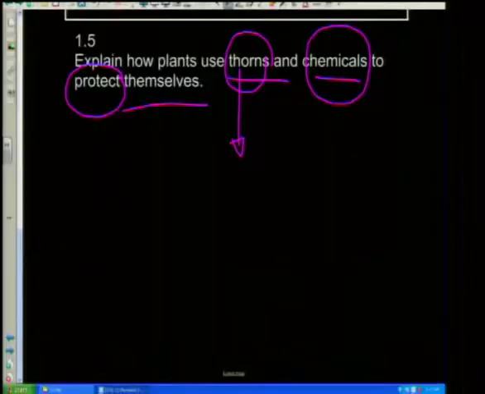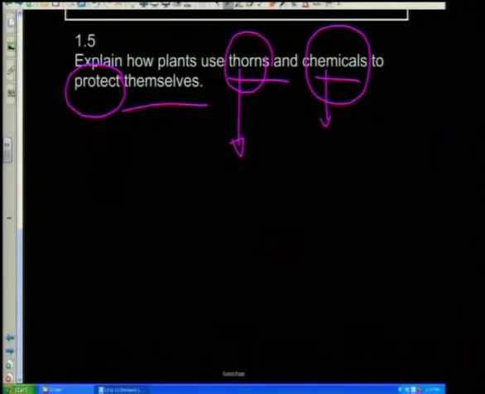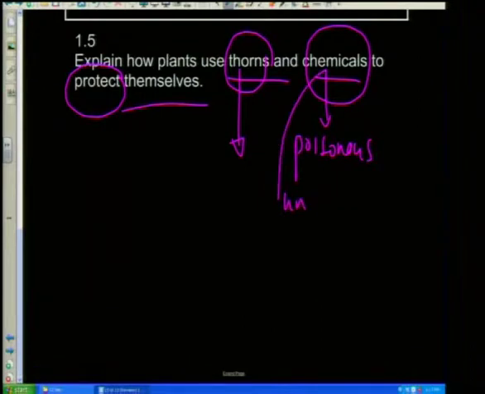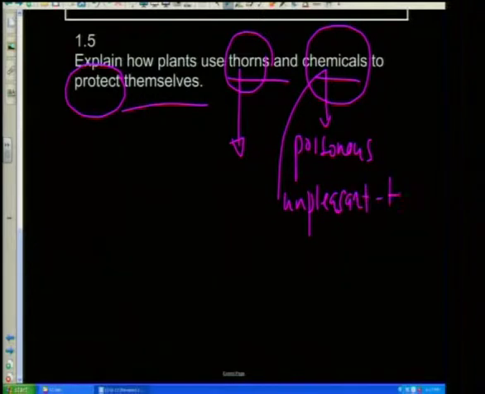The second one is chemicals. Again, plants secrete certain chemicals. These chemicals can either be poisonous or they can be unpleasant in the taste, maybe bitter or whatever.